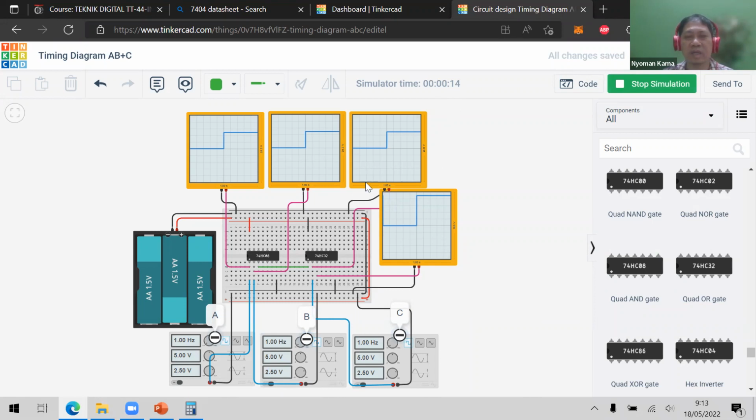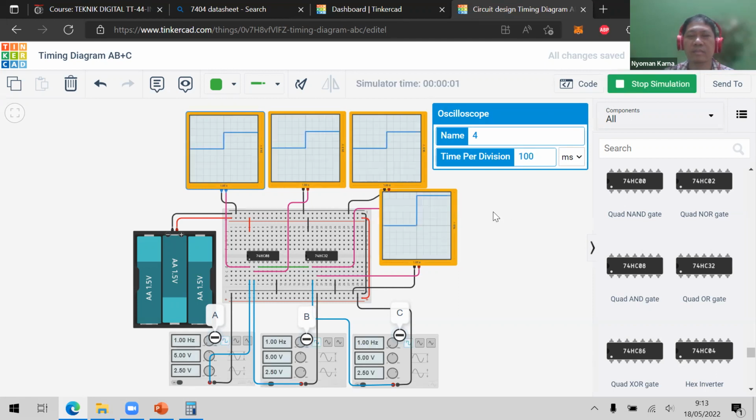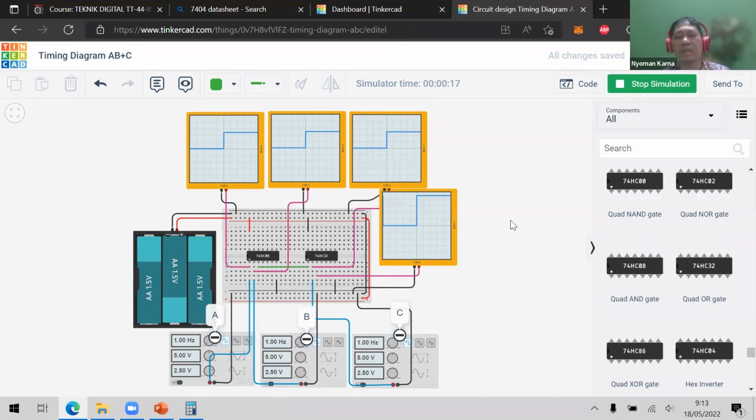So it produced something like this on the oscilloscope. Okay, this is our discussion for the timing diagram.